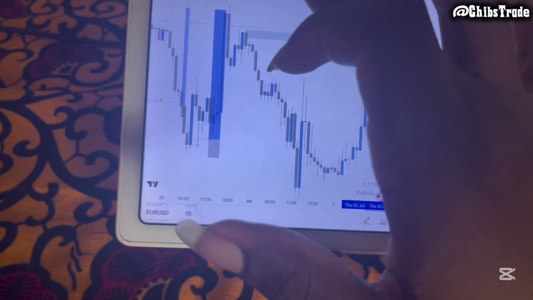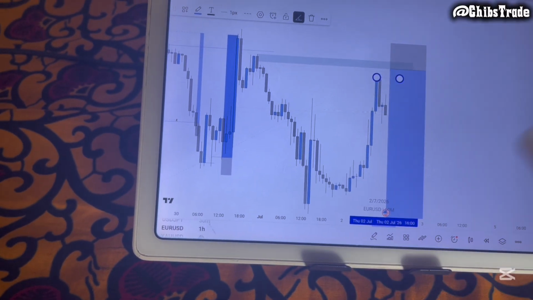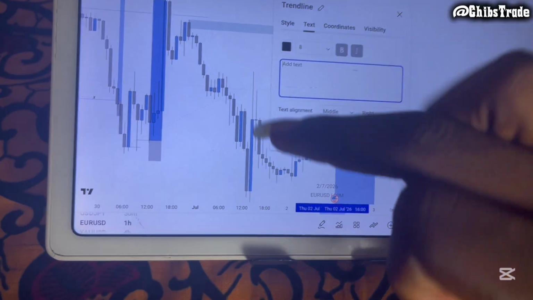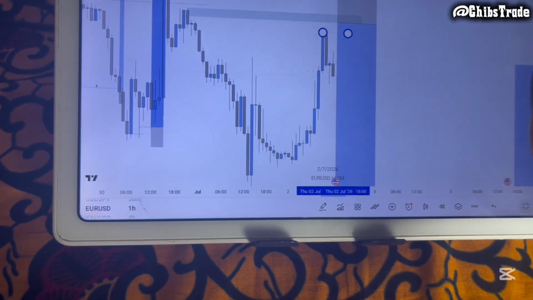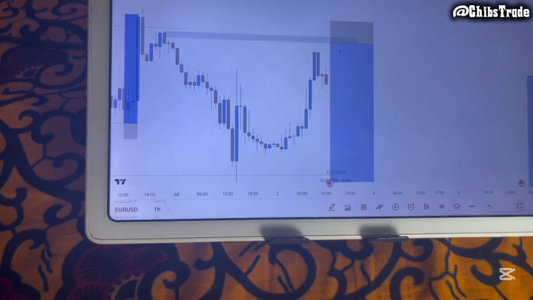And you should always know that markets will most likely come and clear out before selling. So the market always likes to sweep and make sure those that got the entry are just few.